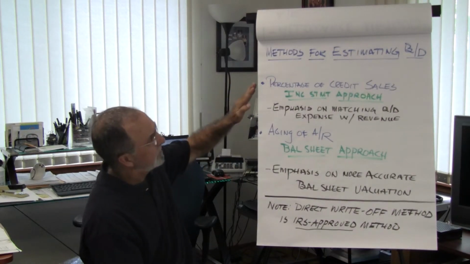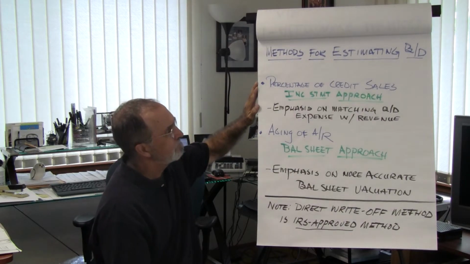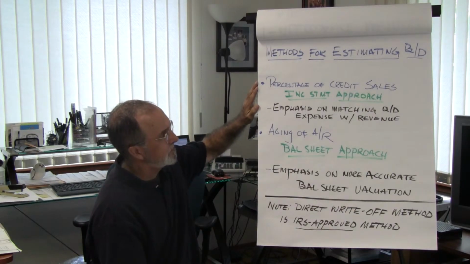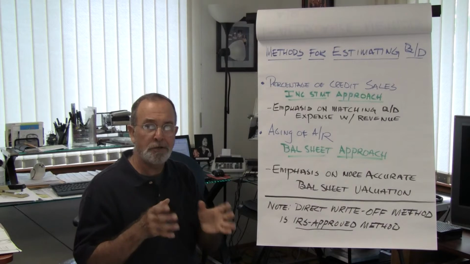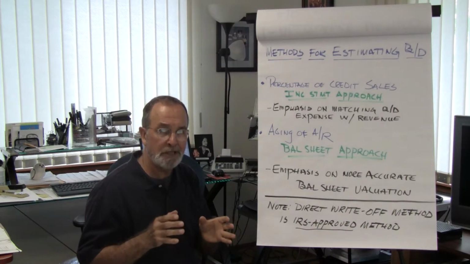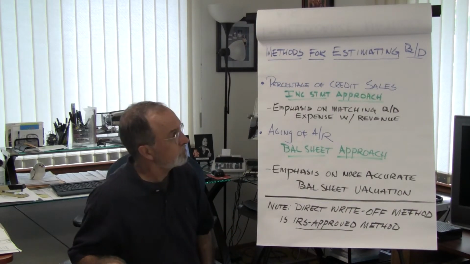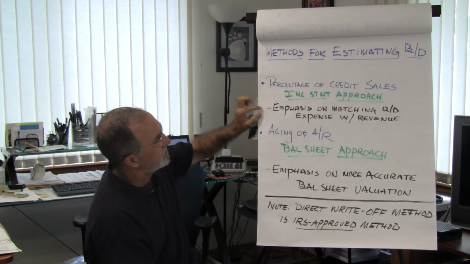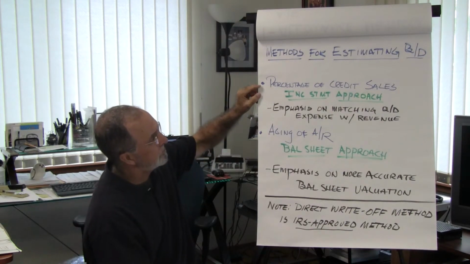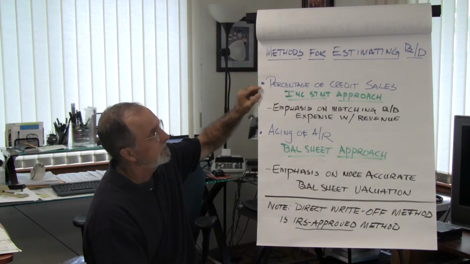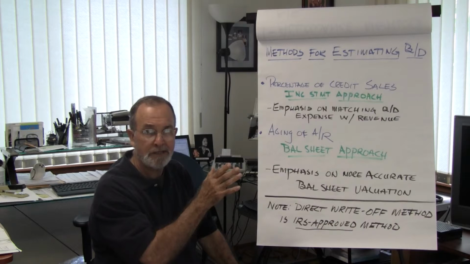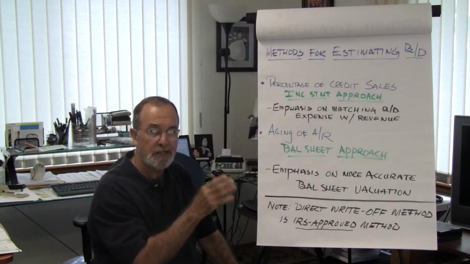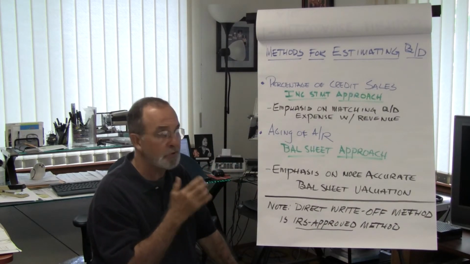The first method is referred to as percentage of credit sales. It's also called the income statement approach because we focus on credit sales, which is an income statement account. The emphasis when we use the percentage of credit sales method is on matching bad debt expense with the related revenue in the same time period.